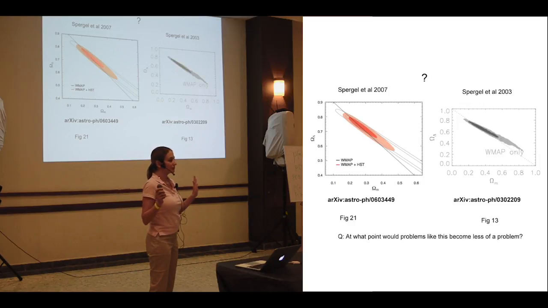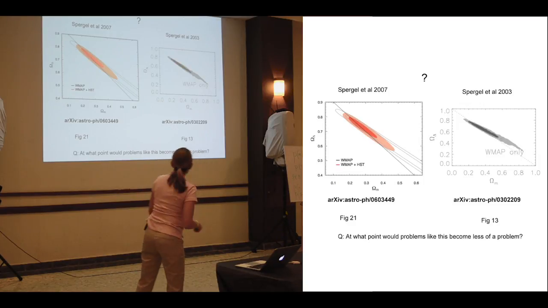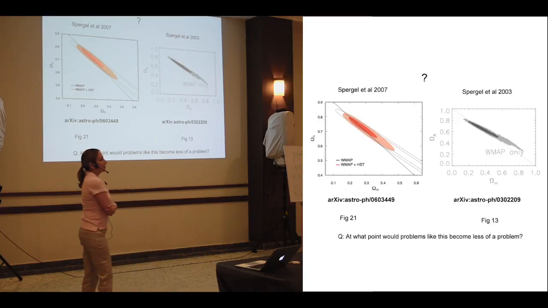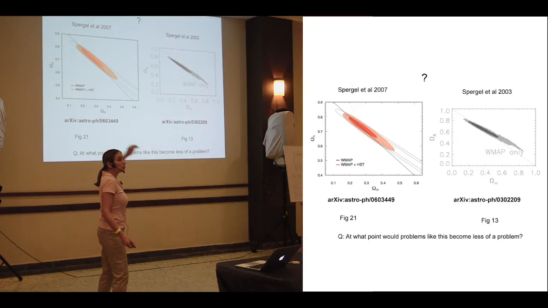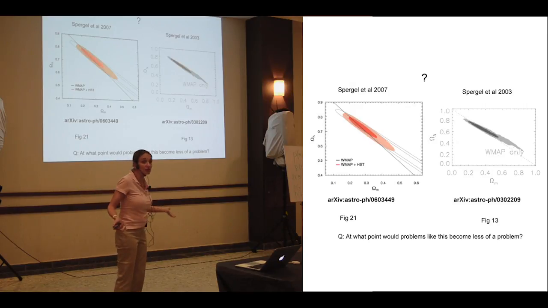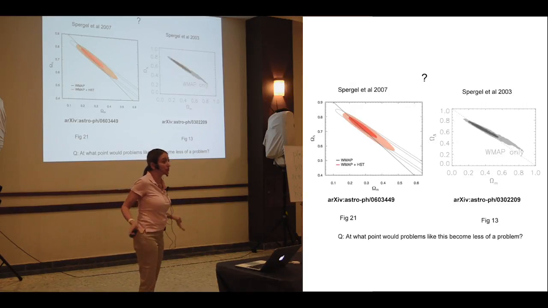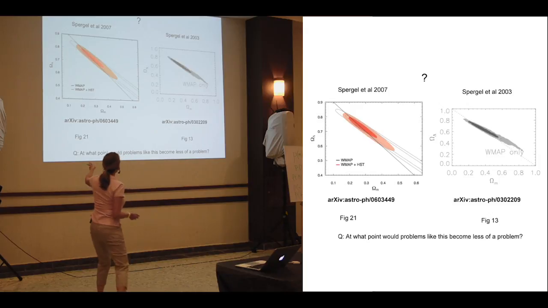Everybody's happy? Okay. Now, a question for you. This is obviously a problem because you present more data, you present a weaker constraint, and you go to your funding agency, and your funding agency says, give me back the money, right? And forget about money for your next experiment. So, at what point would a problem like this become less of a problem?